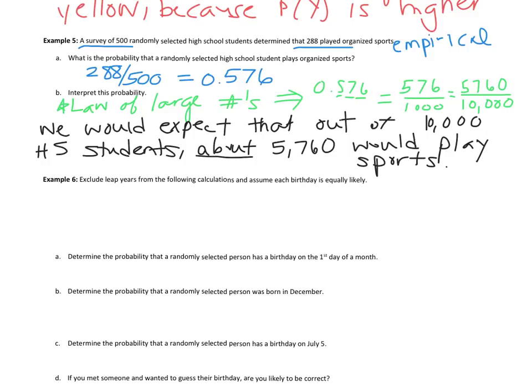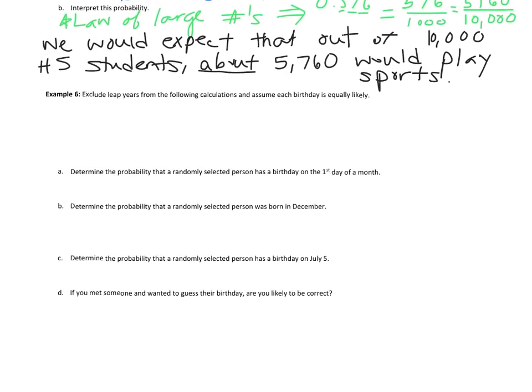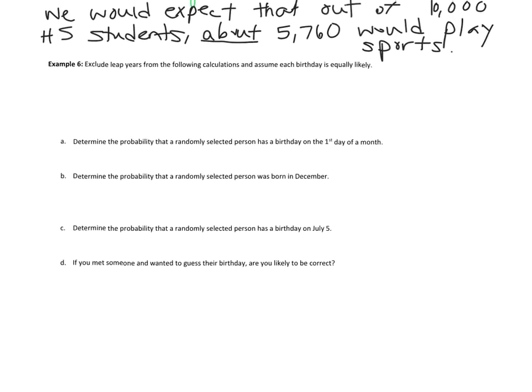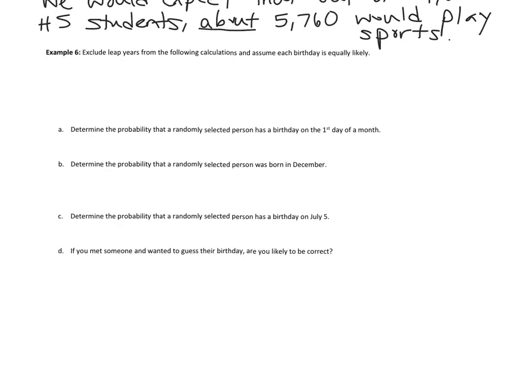Okie dokie. So final example, go ahead and pause it. You guys are going to do this one on your own. We're doing the classical method. It says excluding leap years from the following calculations and assume each birthday is equally likely. That's telling us that we're going to be counting things and using the classical method.